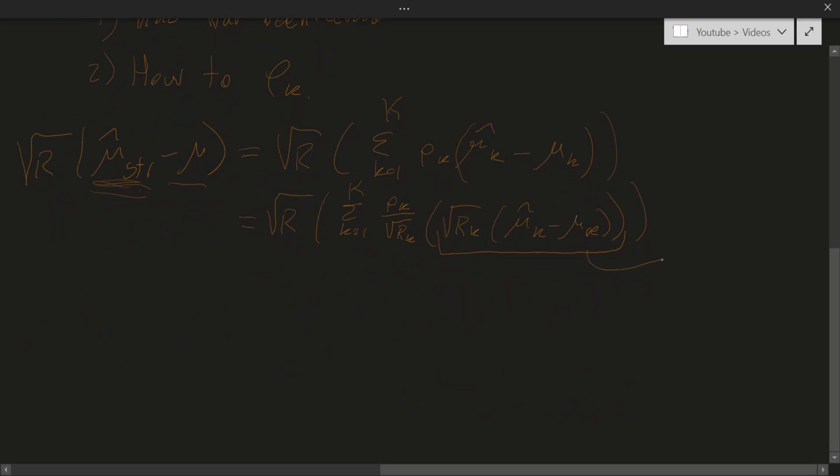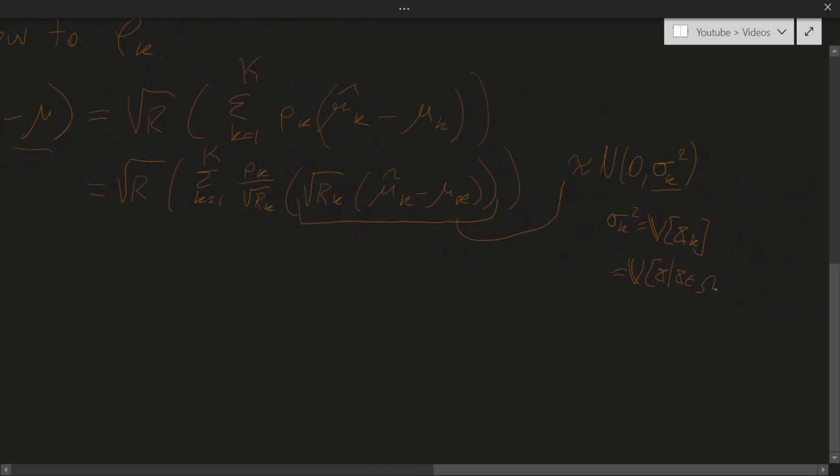So this is approximately normally distributed, with mean 0 and variance sigma k squared, where sigma k squared equals the variance of xk. This is the conditional variance of x, which I can also write as the variance of x given x is inside omega k.